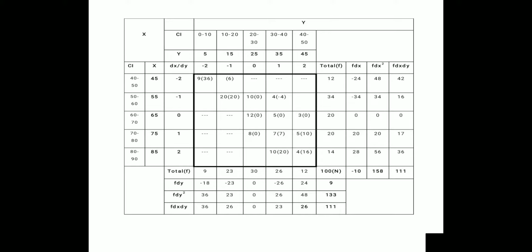So we have obtained dx and dy now. So the next step is to calculate the total frequencies, that is each row has to be totaled and each column has to be totaled, and all these totaled values are the total frequencies, that is 9 plus 6 plus 12, 20, 10 plus 4, that will give us 34, 12 plus 5 plus 3, that is 20.